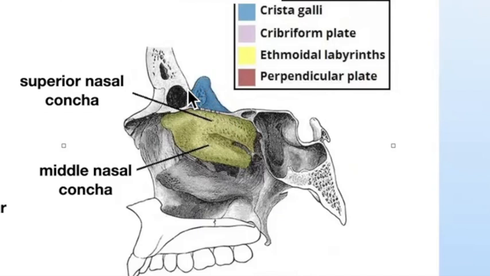And it just helps us to orient when we look at the complex ethmoid bone separated from the skull, so not in situ, just if you were holding an ethmoid bone in your hand. It helps us to orient what is the anterior of the ethmoid bone because it's found anteriorly.